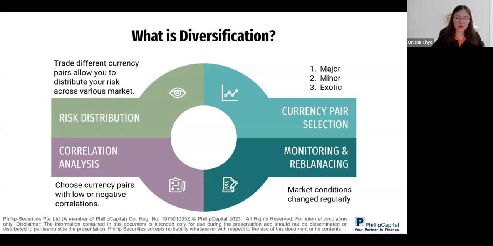This is why you need the currency pairs to move in opposite directions. The last and most important thing is to monitor and rebalance your portfolio, because there are changes in the market, and some pairs that move in tandem in the future, the correlation will go up as well as your risk, depending on the market condition.